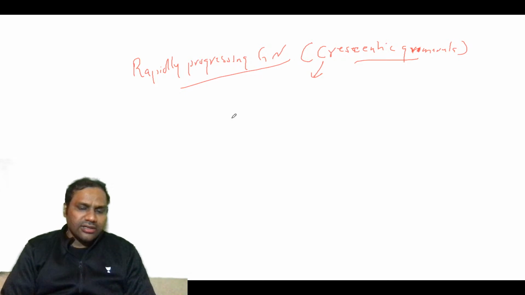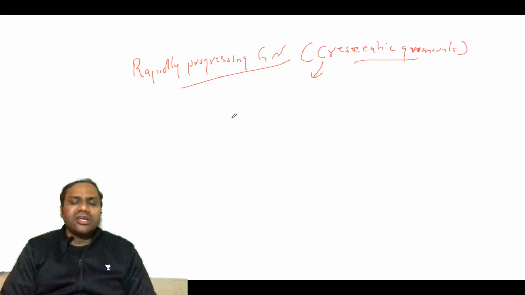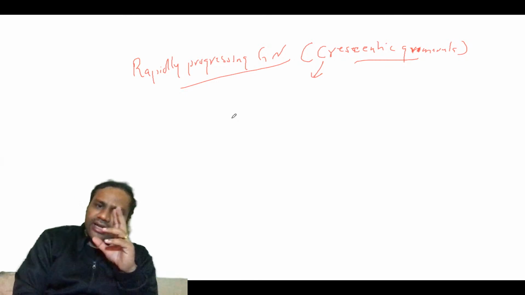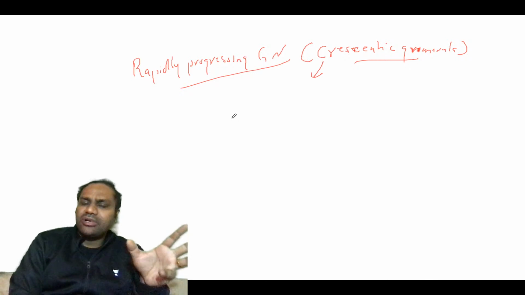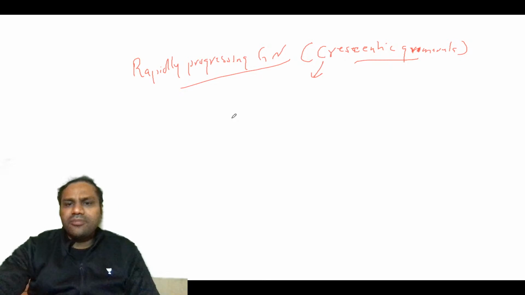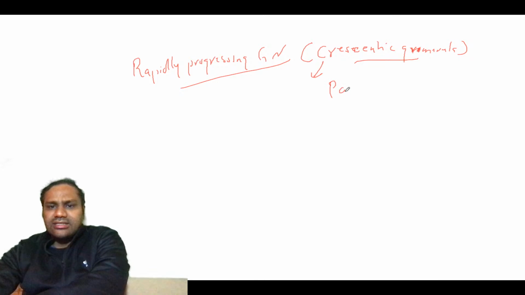So when I am talking about Bowman's capsule, in rapidly progressive glomerulonephritis, the crescent will be basically formed by what? It will be formed by parietal epithelial cells.